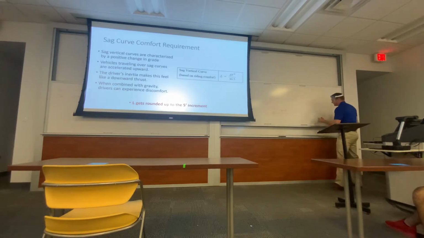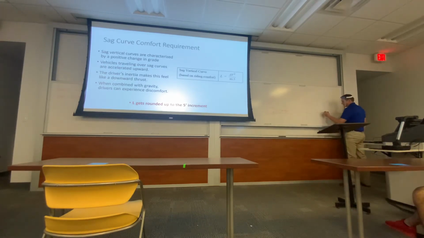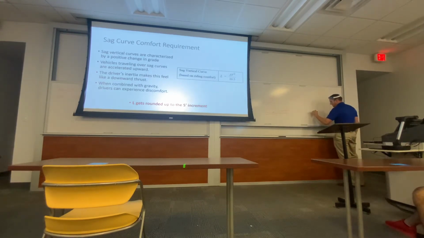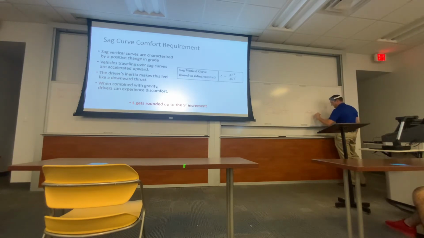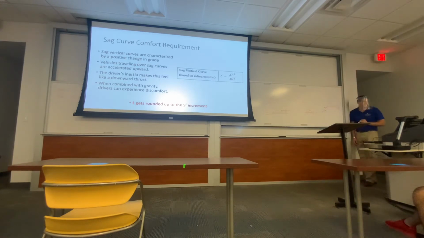Let's see if I can draw this out. This is your car. This is the hill that you discussed. This is G1, G2, G3.